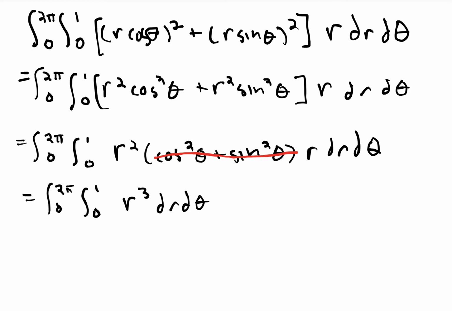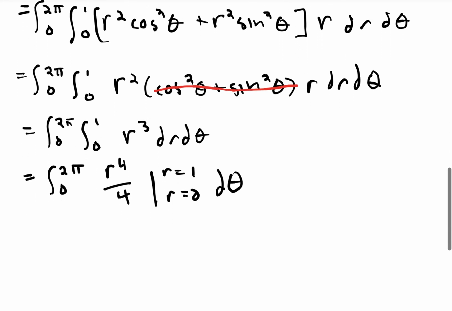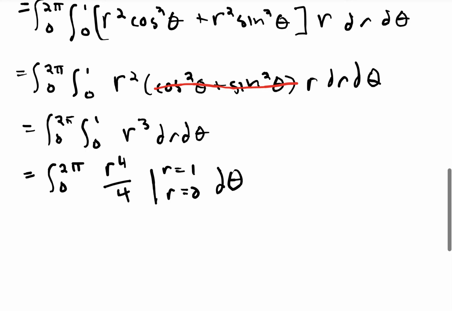My antiderivative here should be taken with respect to r first, so that means that my first antiderivative is going to be r to the 4th over 4, evaluated between r equals 0 and r equals 1. Well, that's not too bad. If you plug in 1, the top bound, you're going to get 1/4. If you plug in 0, you get 0. So you're not subtracting anything off.